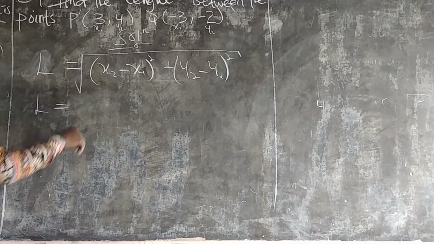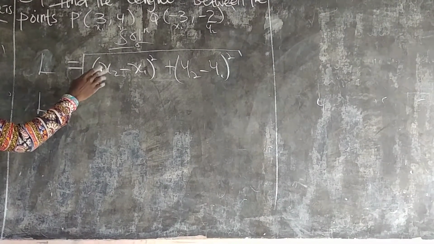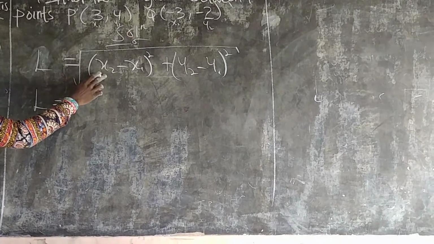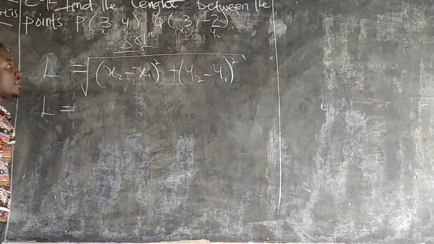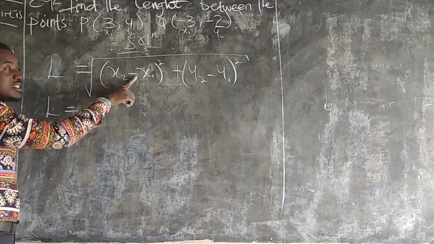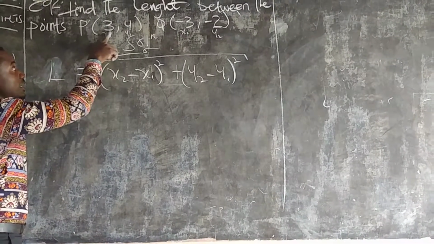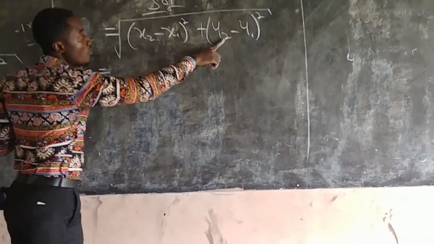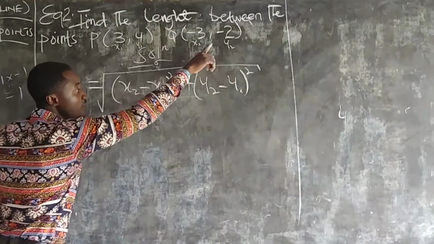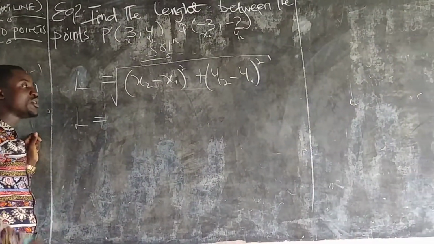So let's do the substitution. When you come to the formula, wherever you see x2, you just write the value there: negative 3. Then you bring the operation sign. x1 is 3, so you write it there. y2 is negative 2, y1 is positive 4. So we just do the substitution.